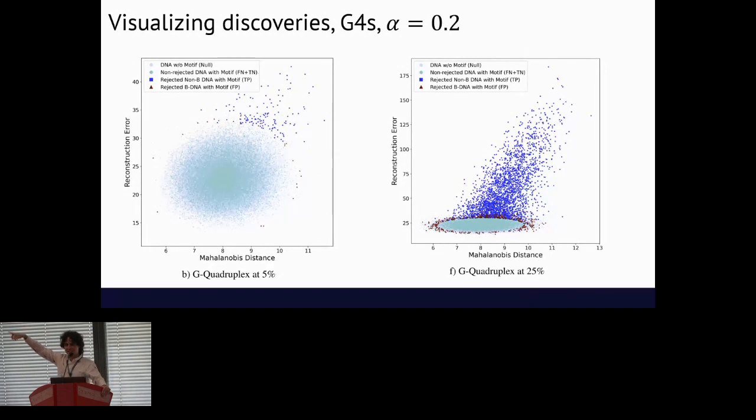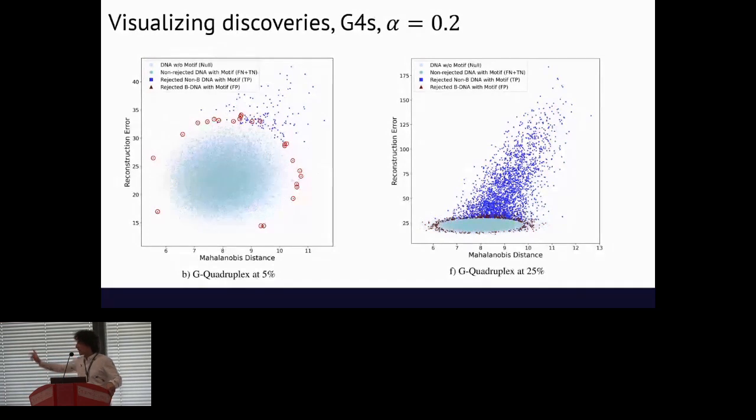So you can see that in embedded space, the null distribution is this nice multivariate normal looking distribution. The lighter tealish color, and sorry if this is a little bit hard to see, are non-rejected DNA with the motif. Okay, so these were labeled non-B, but we didn't reject them, so they're likely B DNA. Okay, and they nicely overlap with our null distribution.